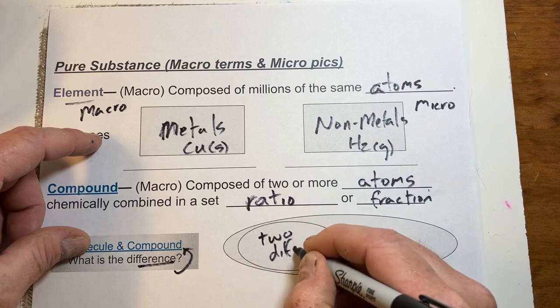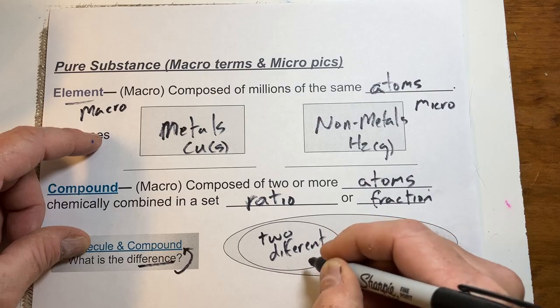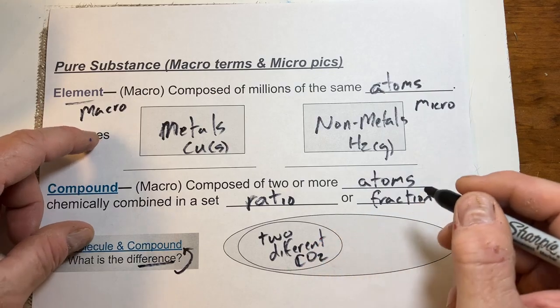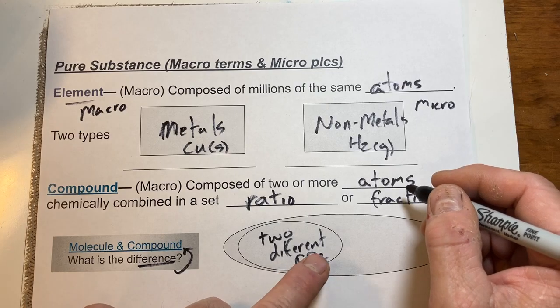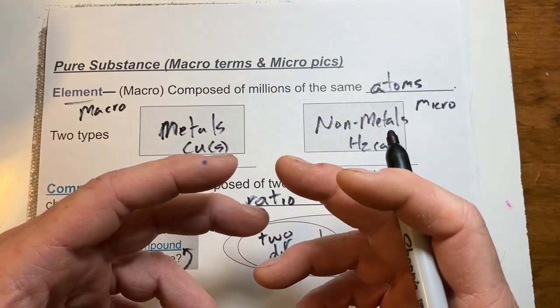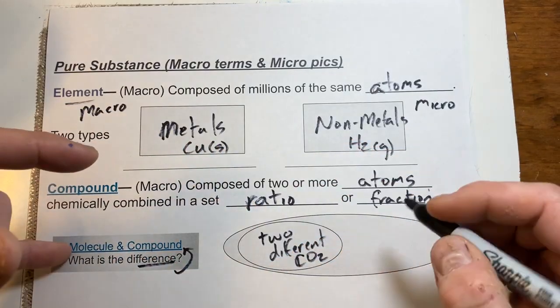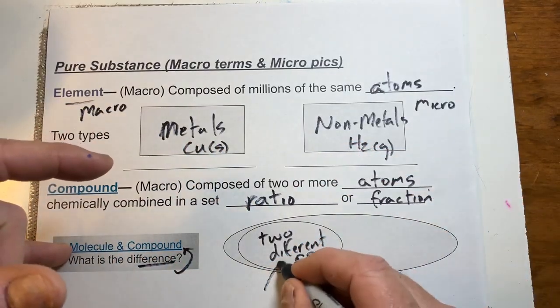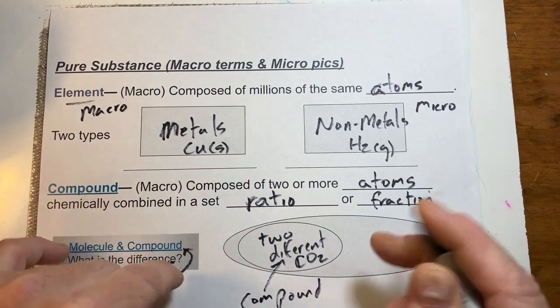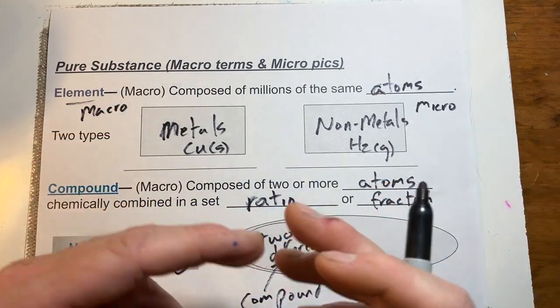So let me give you an example of that. The easiest one may be CO2. I have a carbon and I have 2 oxygens, 2 different atoms coming together in a set ratio. So this little circle would be what we call a compound. But molecule is like a bigger term. It's like a 4-legged creature.